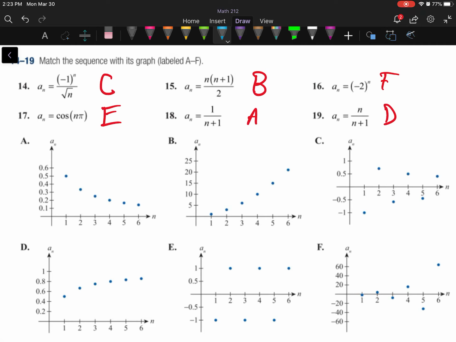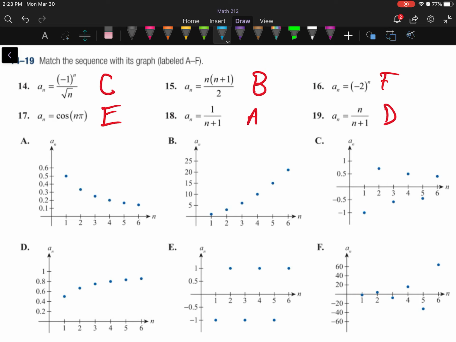Graph C is oscillating, and that makes me think number 14, which has the alternating signs of +1 and -1 for every n that you get. Part D seems to match up with 19. That one seems like it's approaching 1 as time goes on.